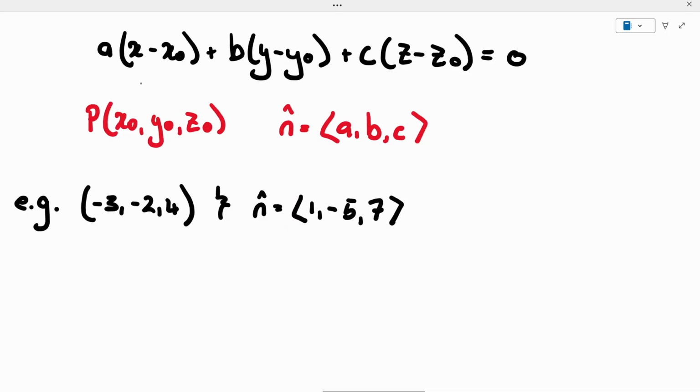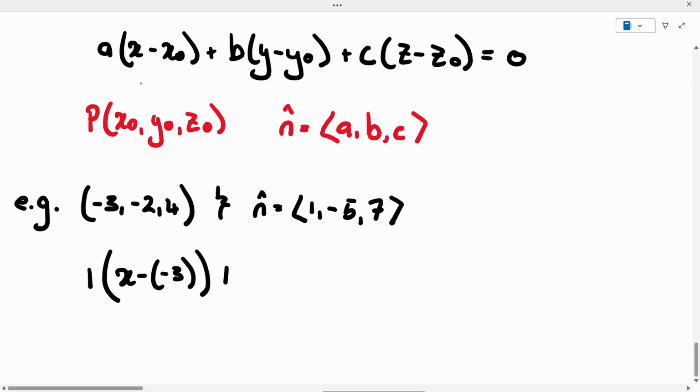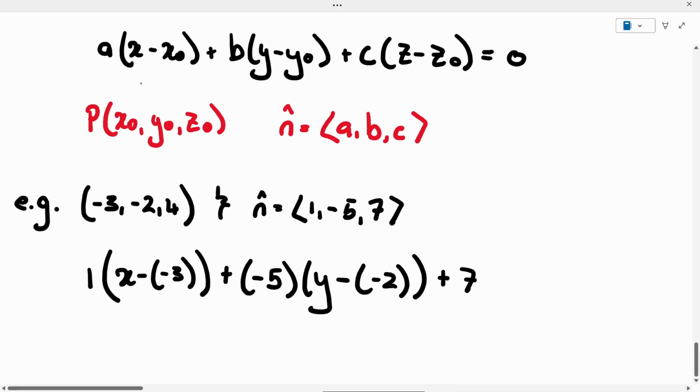Right, so nice and simple. a is 1, times x minus x0, which is -3, plus b is -5, times y minus y0, which is -2, plus c is 7, times z minus z0, which is 4.